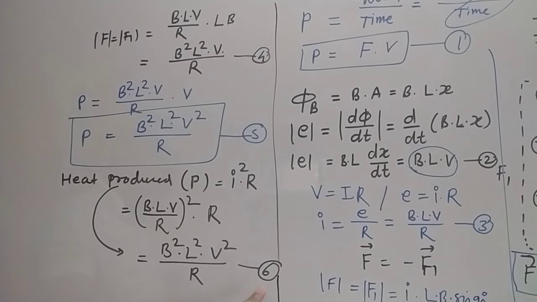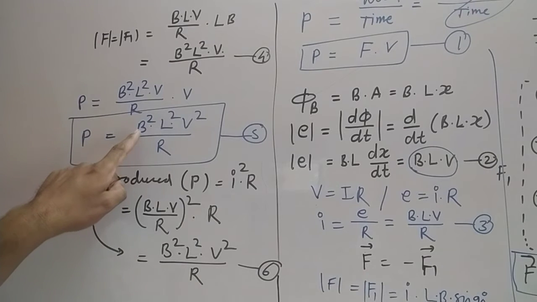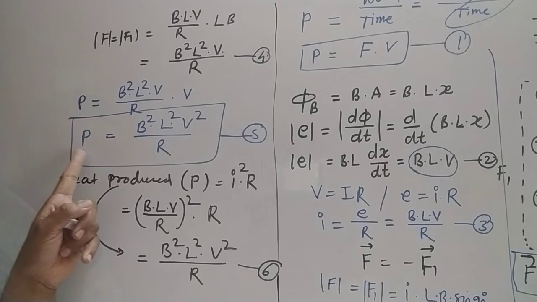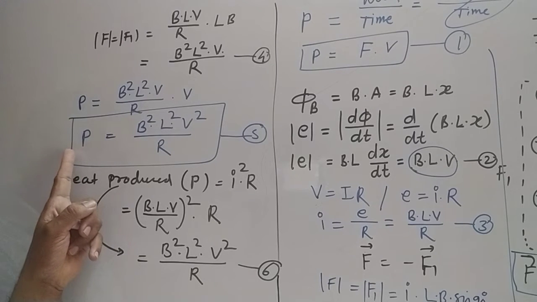Now if you compare equation 6 with equation 5, what do you see? The right hand side, B square L square V square by R, is the same in both. What does it mean? The left hand side must be the same. What is the left hand side? This P stands for the rate of doing work on a loop.